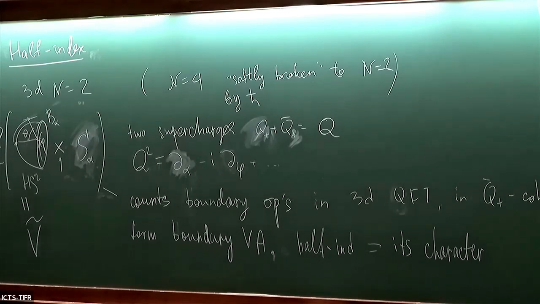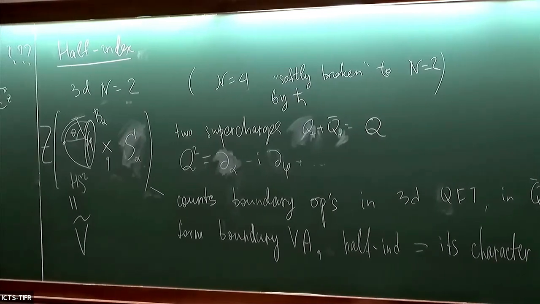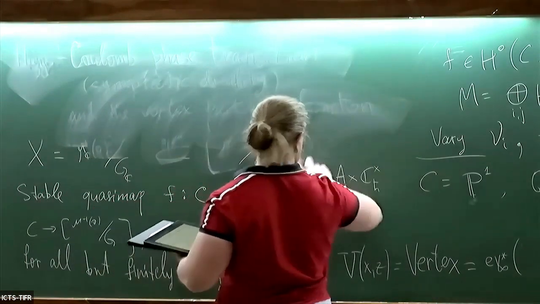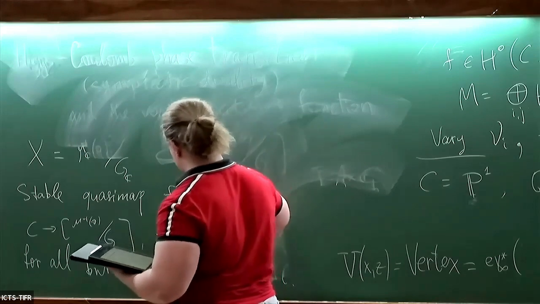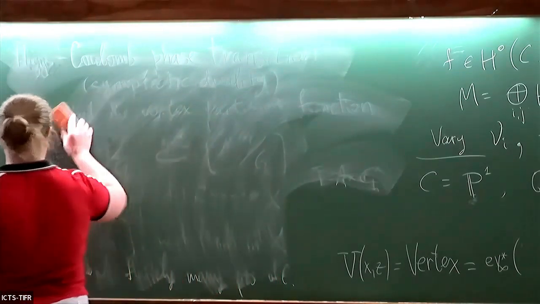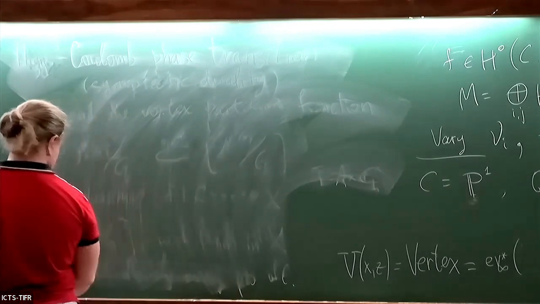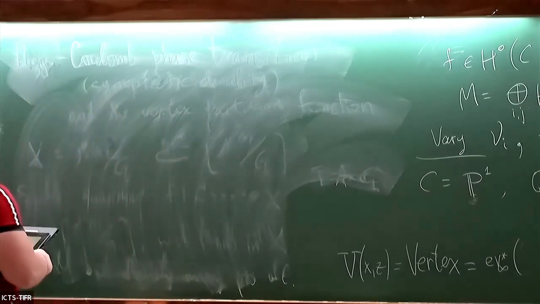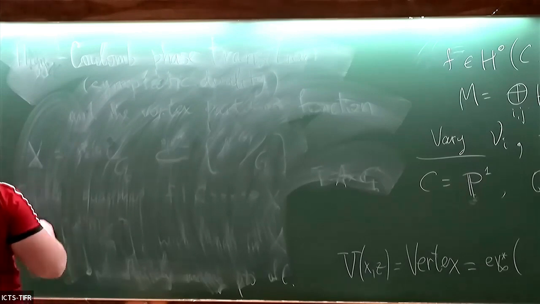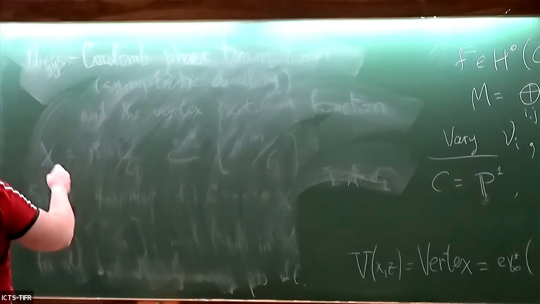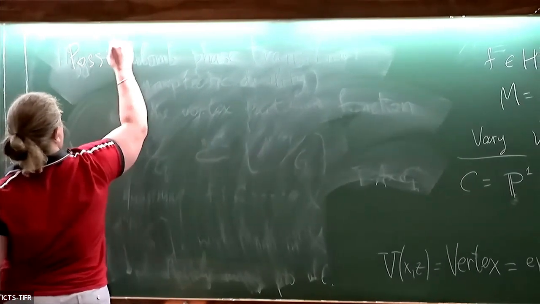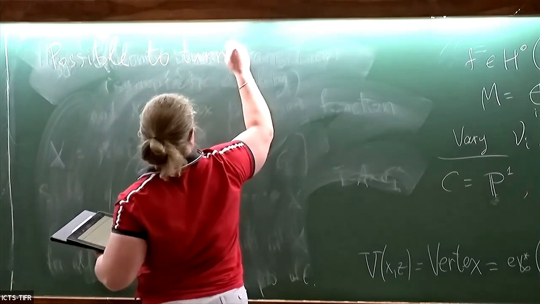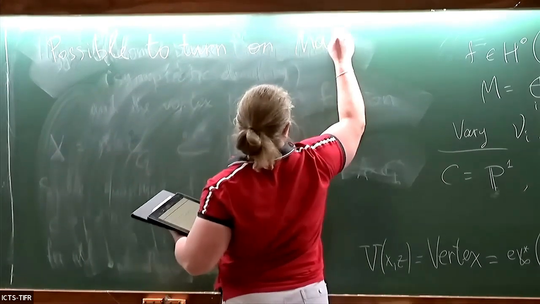Now, an interesting property of this background is that I can start turning on various profiles for masses and for the phi parameters, so the stability parameters. It is possible to turn on masses.